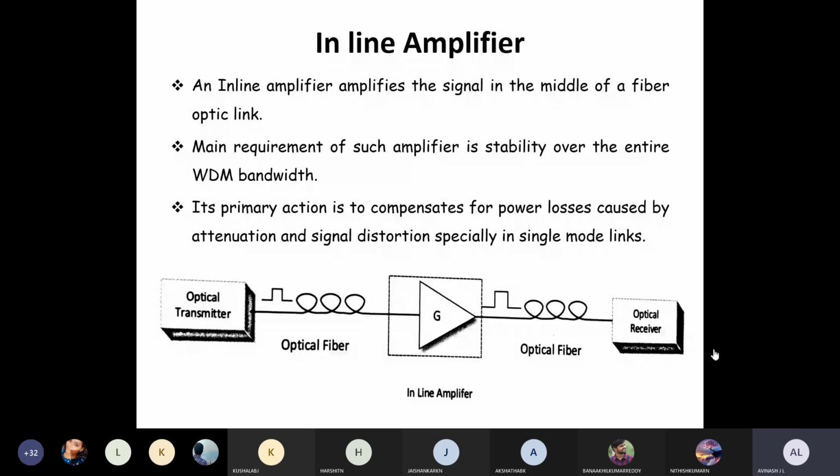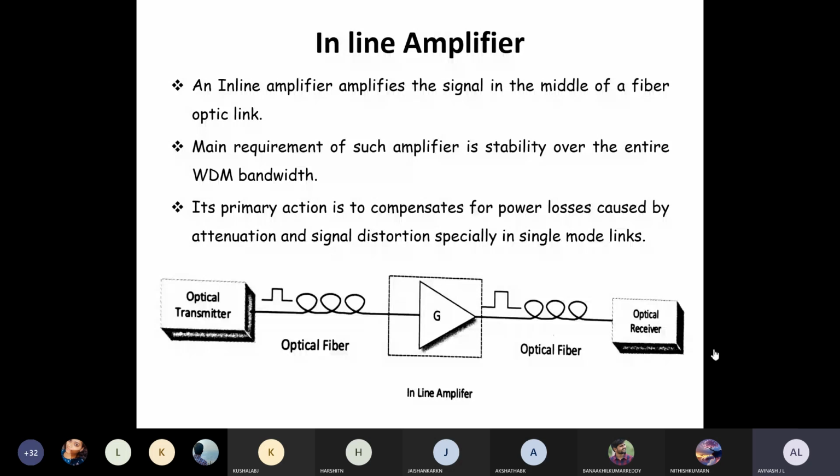So why do we require an inline amplifier particularly? Because it compensates for the power losses caused by attenuation and signal distortion, especially in single mode links.